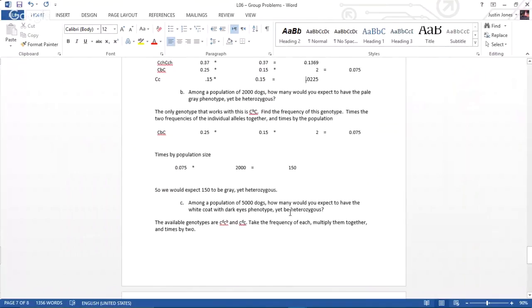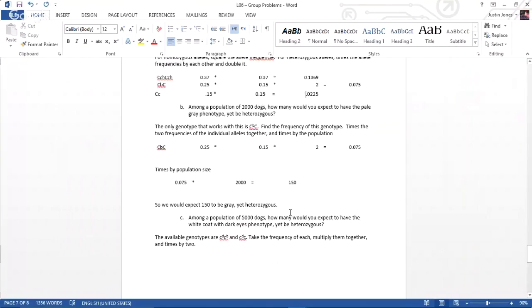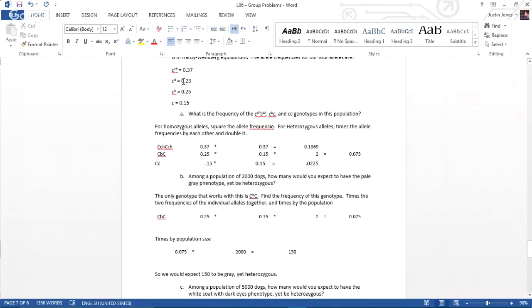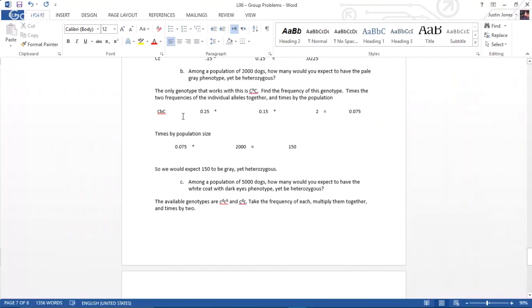And if we had 5,000, how many would have a white coat with dark eyes and be heterozygous? So that's the CD. For it to be heterozygous, we could do CD with CB or CD with C. So what you have to do is find the ratios for both of them and then add them together. We're going to do 0.23 times 0.25, and 0.23 times 0.15.